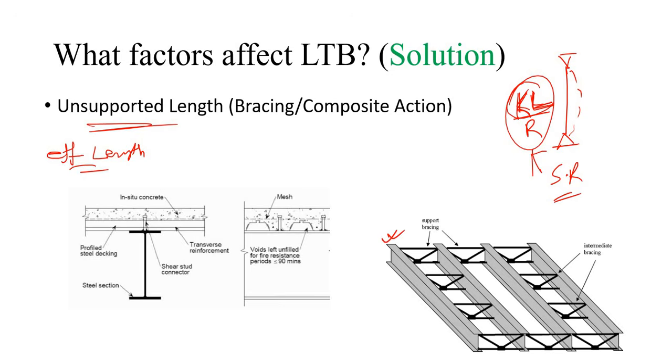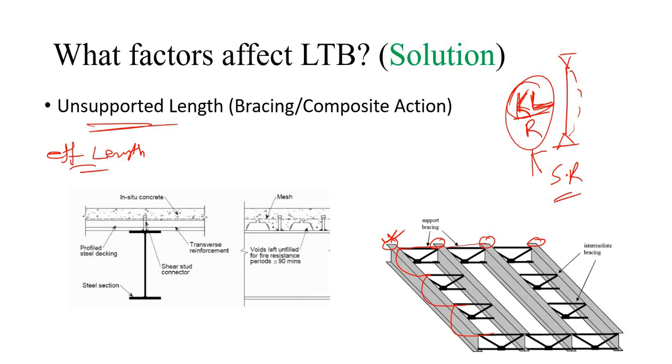This was the beam, and this is the compression flange. Here you can see we have connected them through intermediate bracings like this, and by doing so we have reduced the effective length.